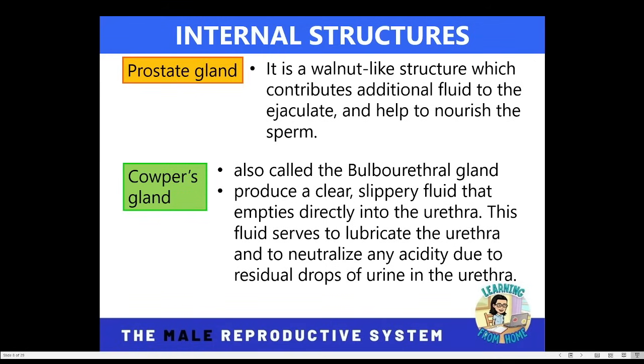So, since parehas yung daanan ng ihi at saka ng sperm or ng semen, ibig sabihin, it is acidic. The urethra would be acidic. So, therefore, the Cowper's gland secretes an important fluid that neutralizes the acidity. Kasi what will happen if this acidity is not neutralized? The sperm cells will die.